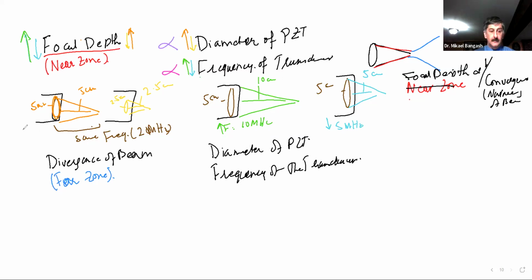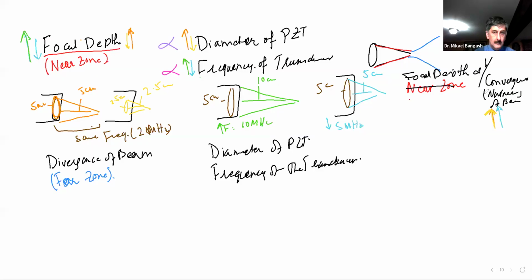So what we can say is where we have a greater convergence of the beam, that would mainly mean that you have a smaller, or shallower, focal depth.